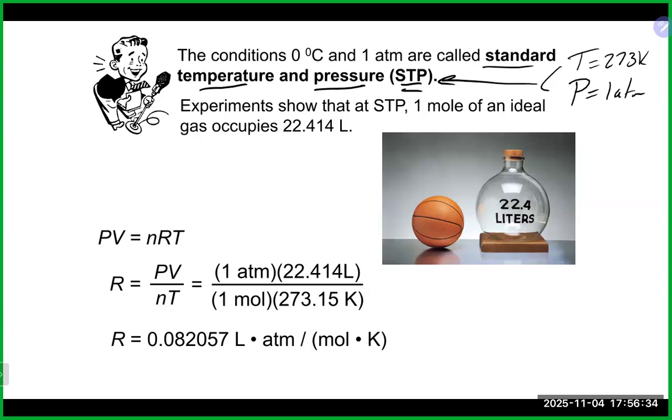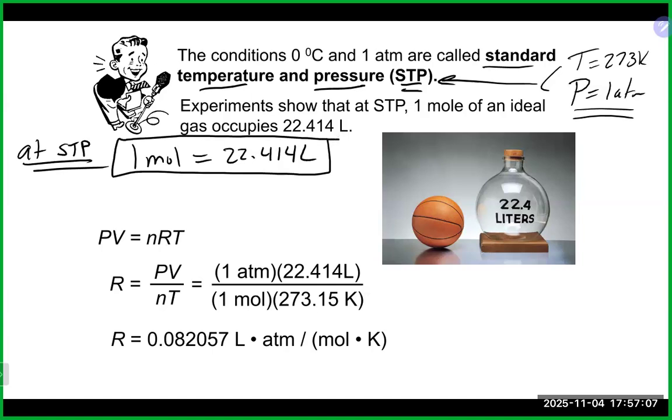Now, if you want to use the ideal gas law under STP conditions, you can. You could also use it under non-STP conditions as well. But if you happen to be at STP conditions, meaning 1 atmosphere for pressure and 273 for the temperature, there is a really nice relationship that 1 mole of any gas will equal 22.414 liters.